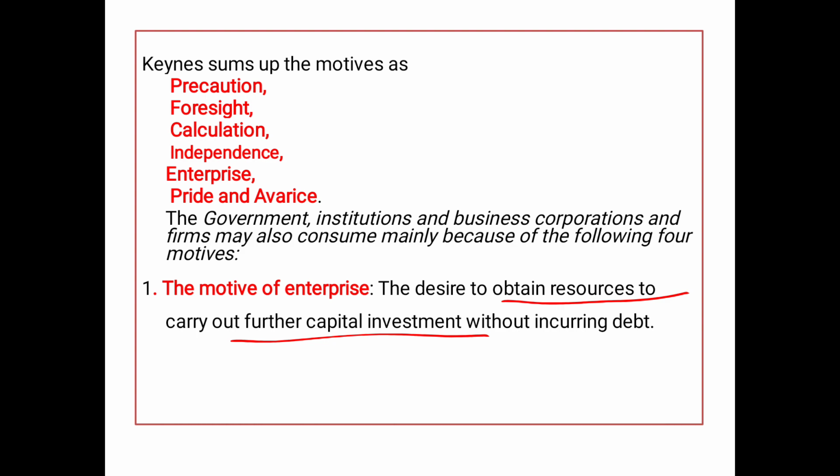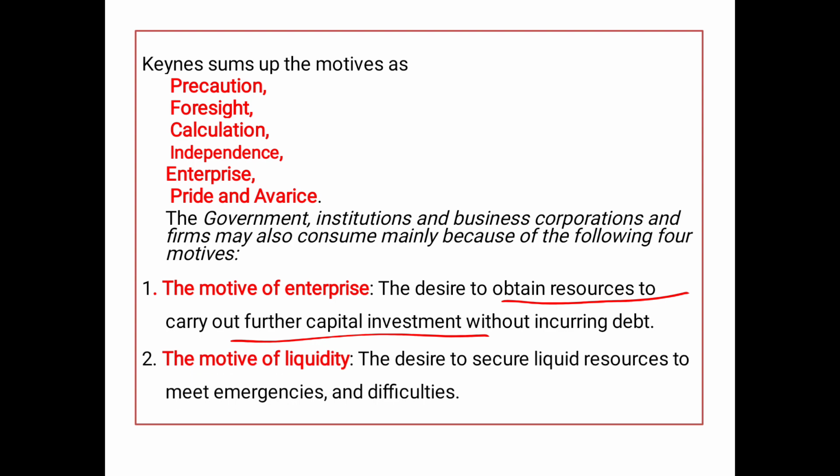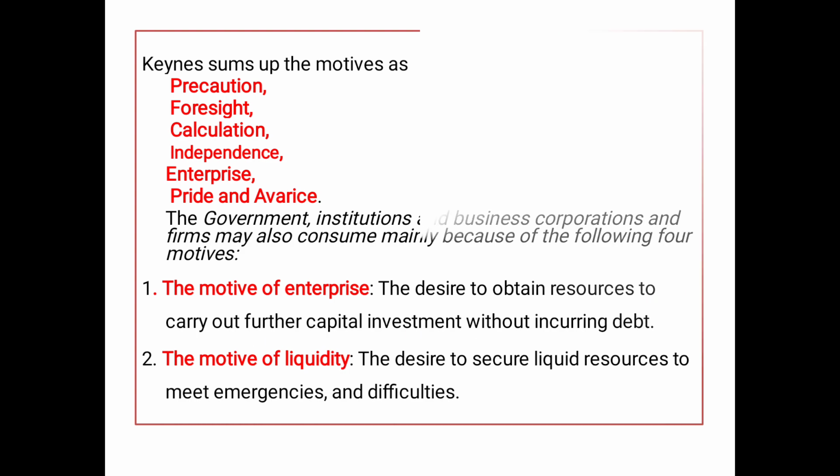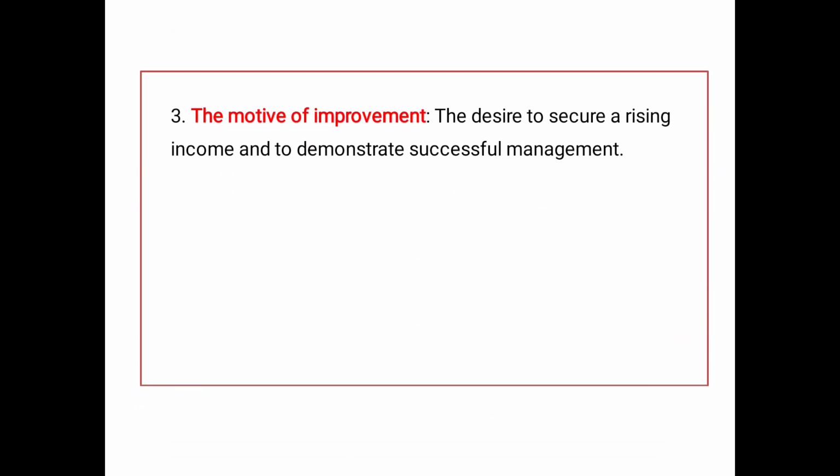What should it do? It should use its capital investment in such a way that it can utilize the resources to the fullest extent. Next is the motive of liquidity. People like to have cash in hand because we do not know when an emergency comes. So holding cash in hand for any emergencies is called the motive of liquidity.